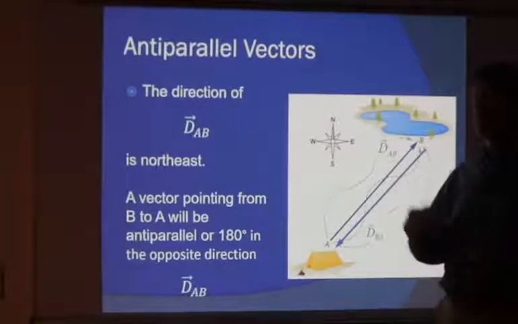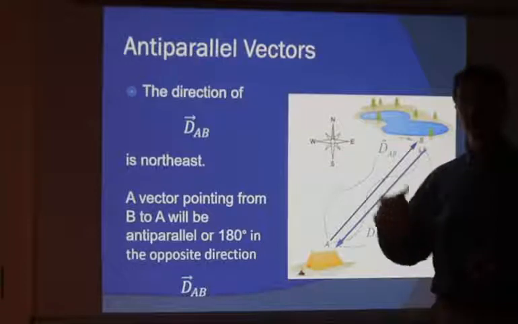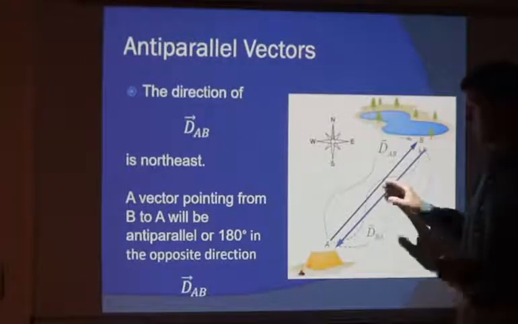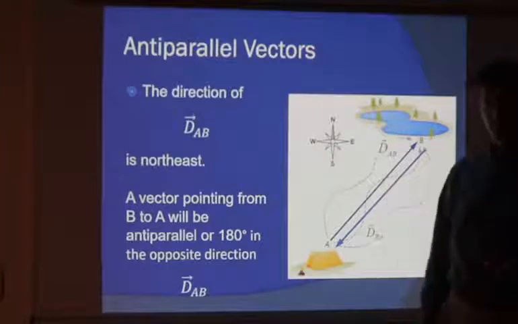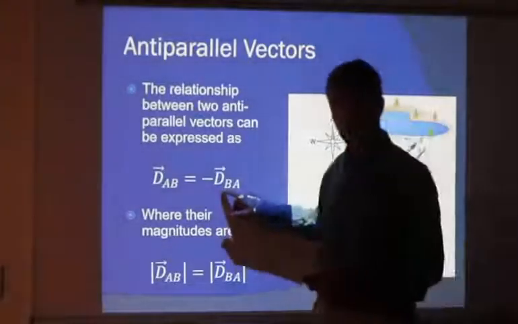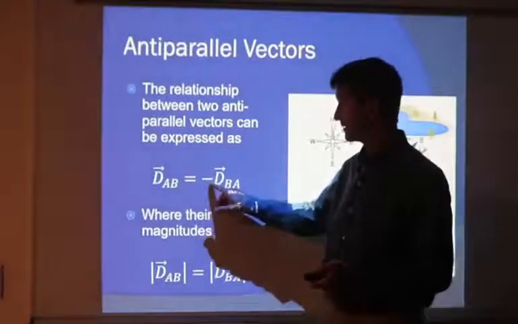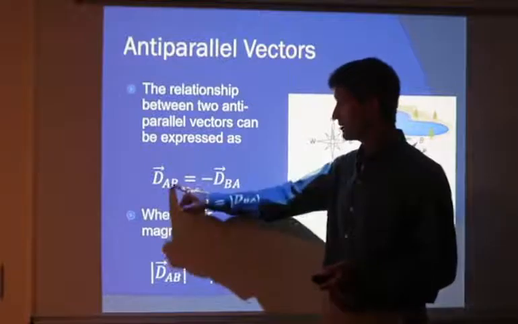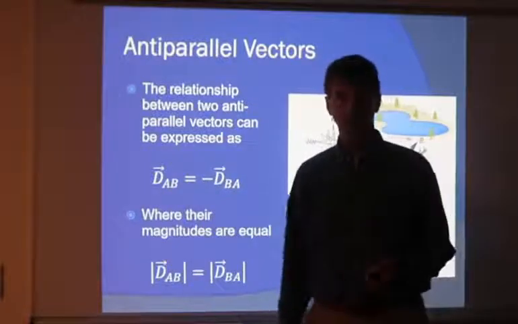Just as 3 and -3 are opposite numbers, here these two vectors are pointing in opposite directions. Mathematically, we can represent opposites like this. Again, their magnitudes are equivalent, but their directions are opposite.